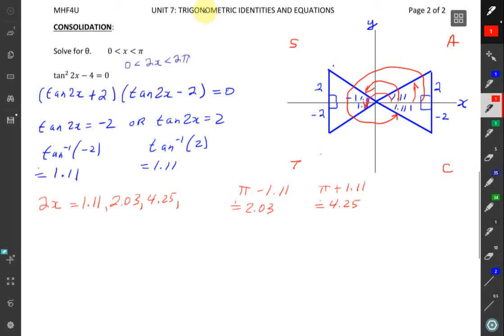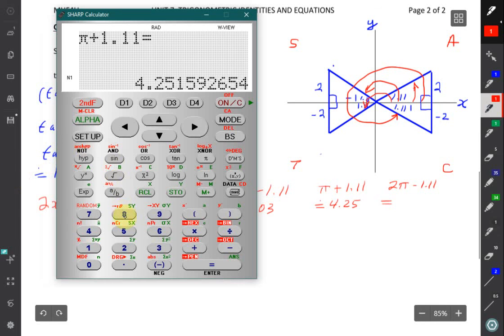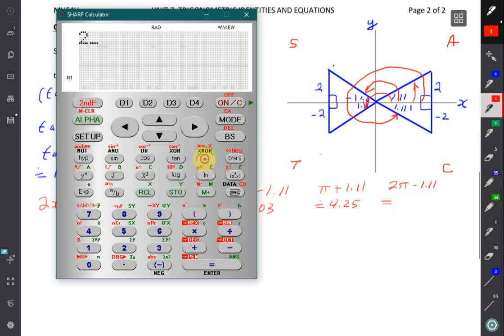And finally, we have 2 pi minus 1.11 equals 5.17.